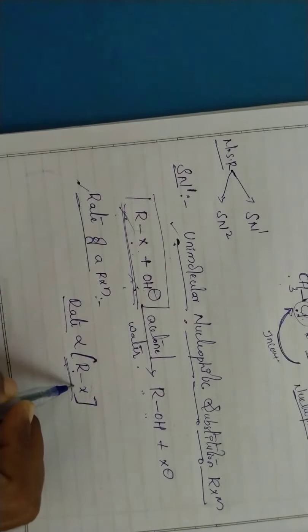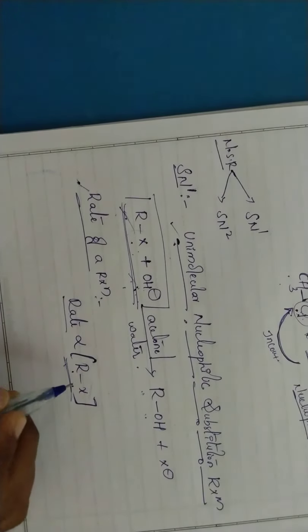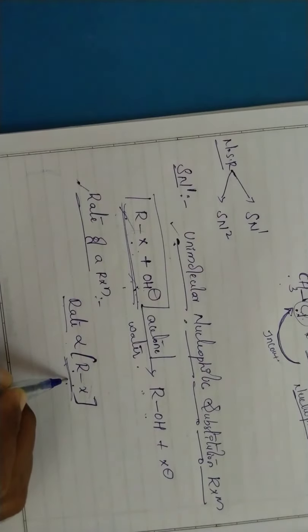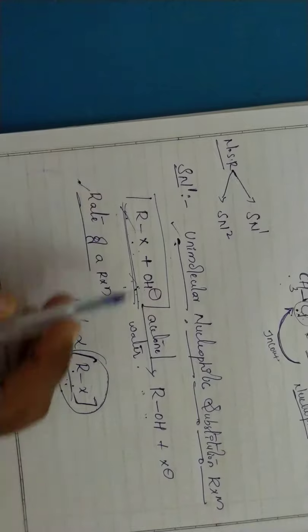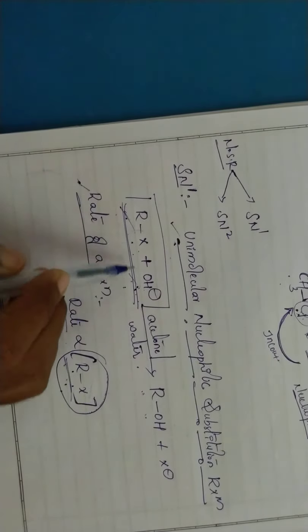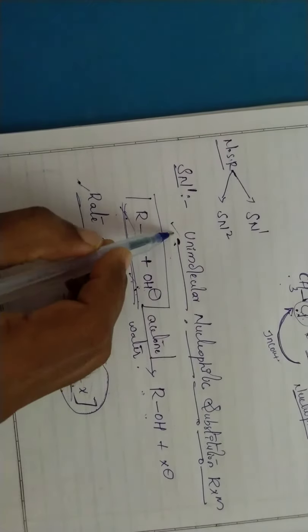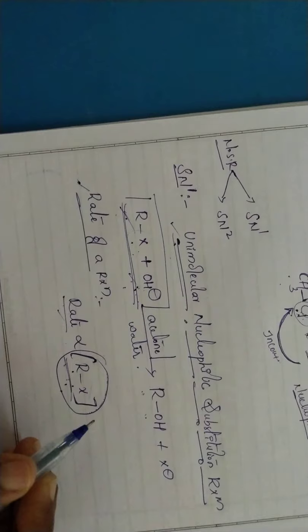Here RX, that is alkyl halide, put in the square bracket means the concentration of alkyl halide. So here the rate is directly proportional to the concentration of alkyl halide. So here only one molecule matters. Even though we have two molecules here, the rate depends upon only one molecule. That's why it is called a unimolecular reaction.